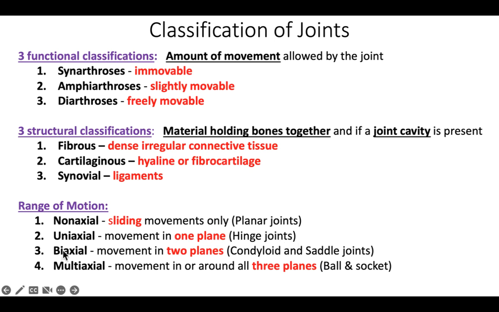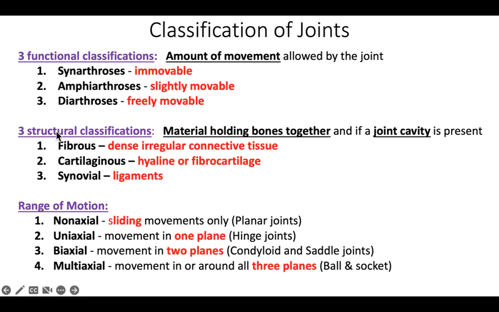There are some joints that move in two planes, which are biaxial joints. Those are the condyloids and saddle joints. And then finally, if you move in all three planes, you are a multi-axial joint, which are the ball and sockets. So these four categories all describe the range of motion of the synovial joints, which are all freely movable.